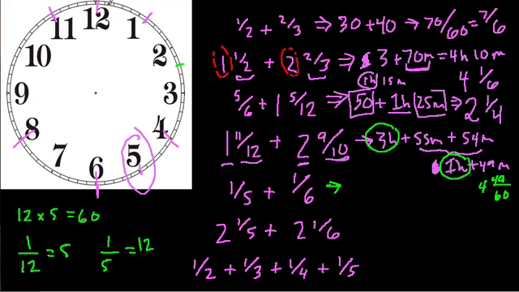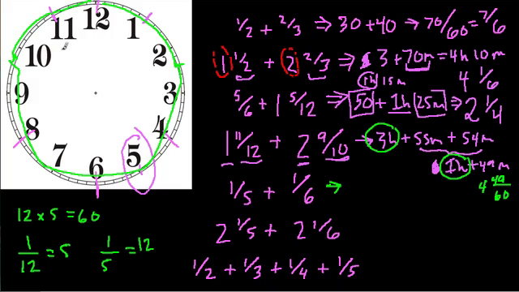If you took a 12-minute chunk and multiplied it 5 times, you go 12, 24, 36, 48, and then 60.